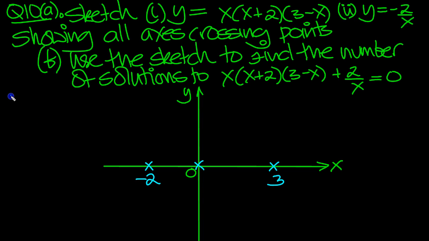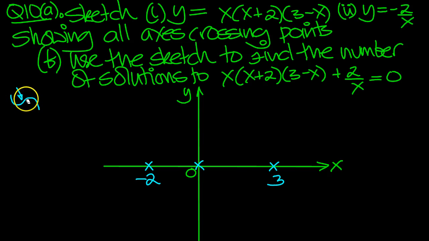Now a cubic goes down, up and down, or up, down and up, depending on whether the x cubed is positive or negative. So here, what have we got then? This is a negative x cubed, so it's going to look like this characteristically, isn't it?